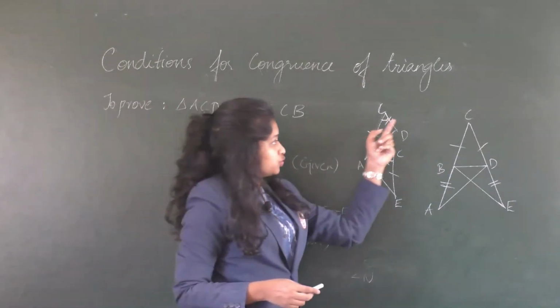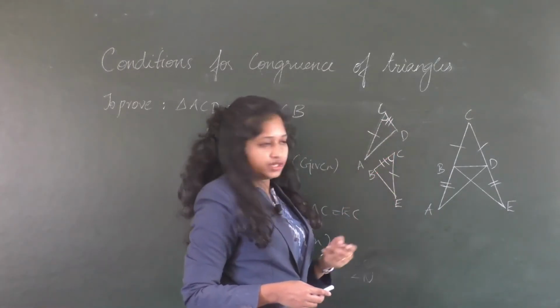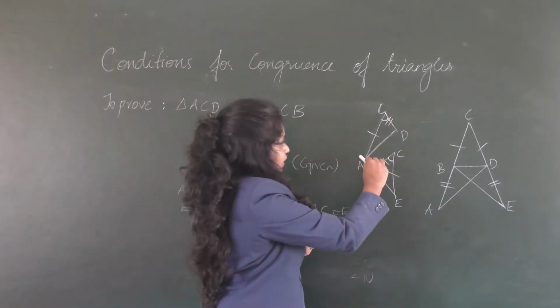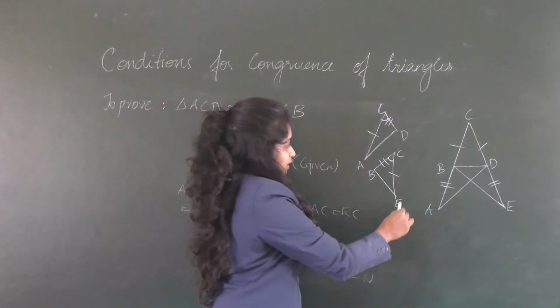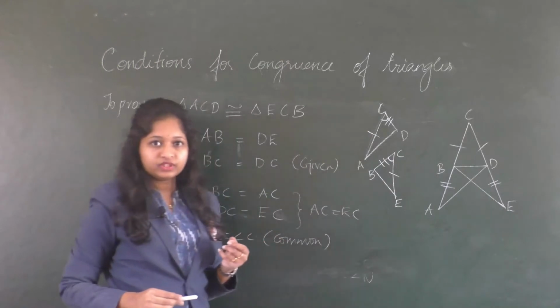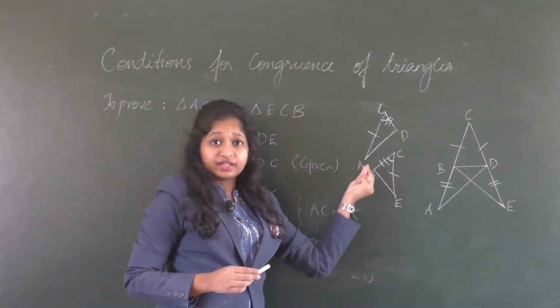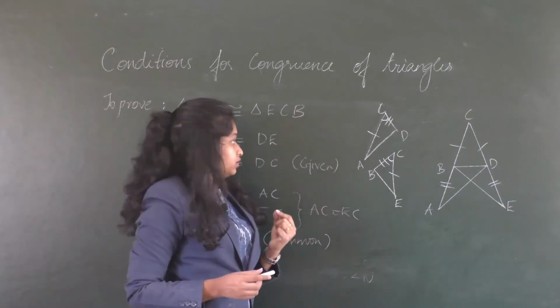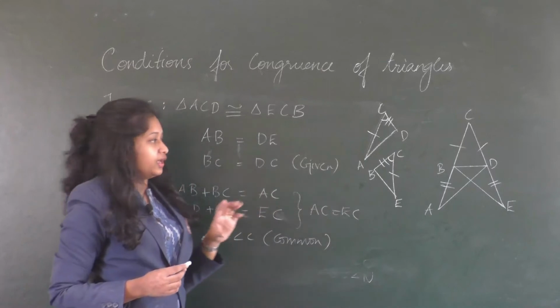That means two sides an included angle, two sides an included angle. So triangle ACD is congruent to triangle ECB. See the figure properly and write the corresponding sides and angle. So from this we got two sides and included angle.